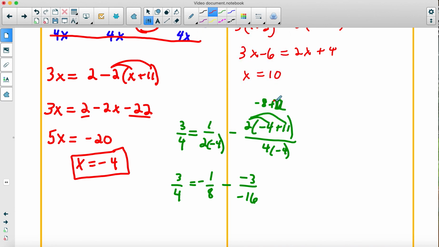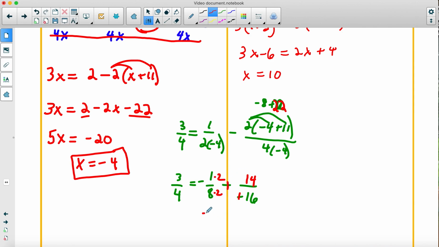Right, so we got to be careful. So this is negative 22 and negative 8. So that is going to give me my negative 14, or positive 14. This negative and negative is going to give me positive. To get these like terms, I'm going to do times 2 times 2.